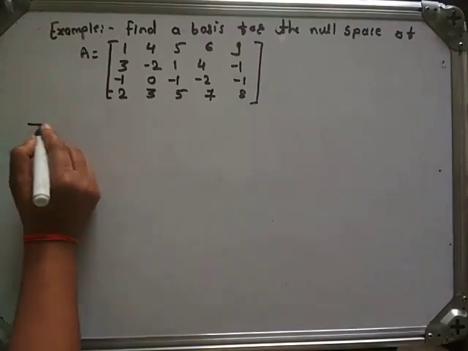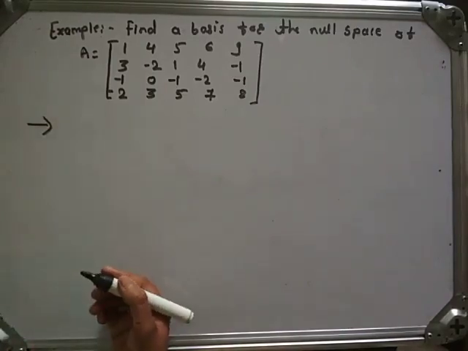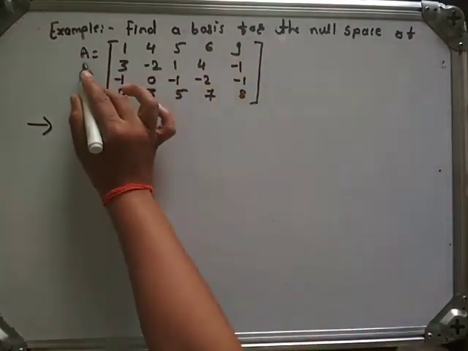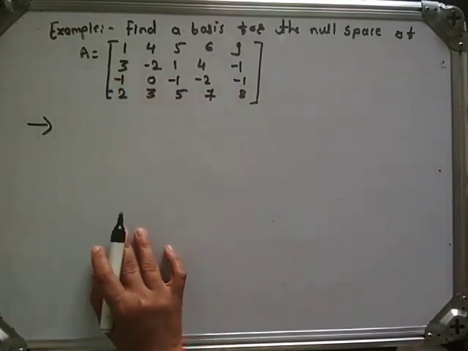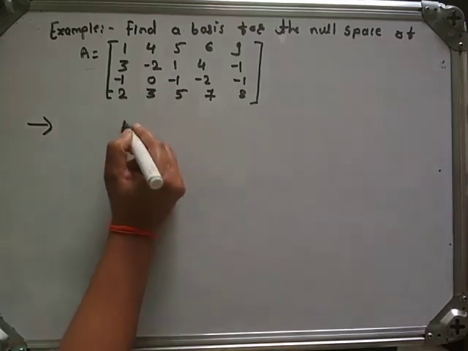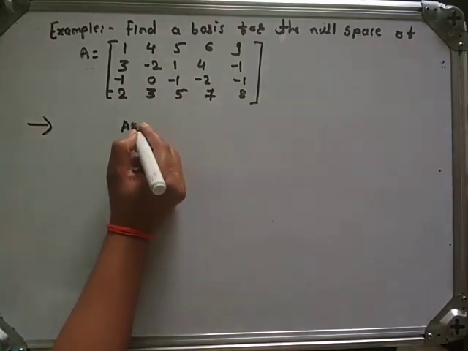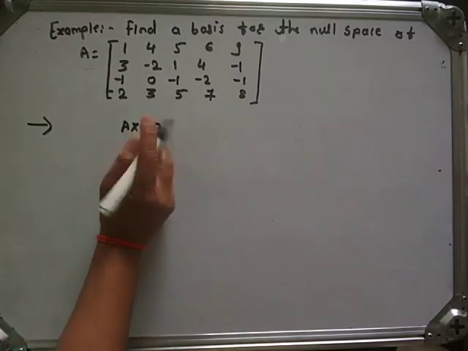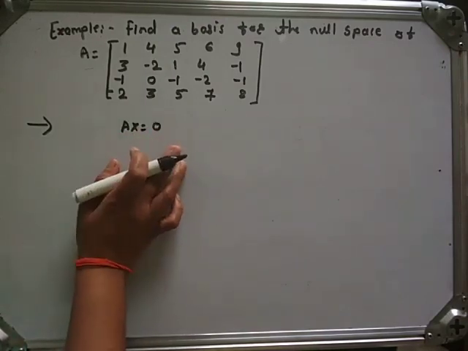Okay. Solution. We have to find the basis for the null space of A. And in the previous video we have seen that the null space of A is nothing but the solution space of the homogeneous system Ax equals 0.